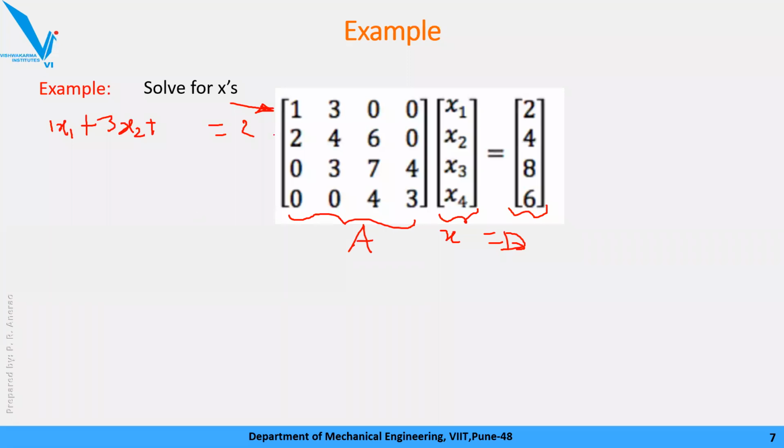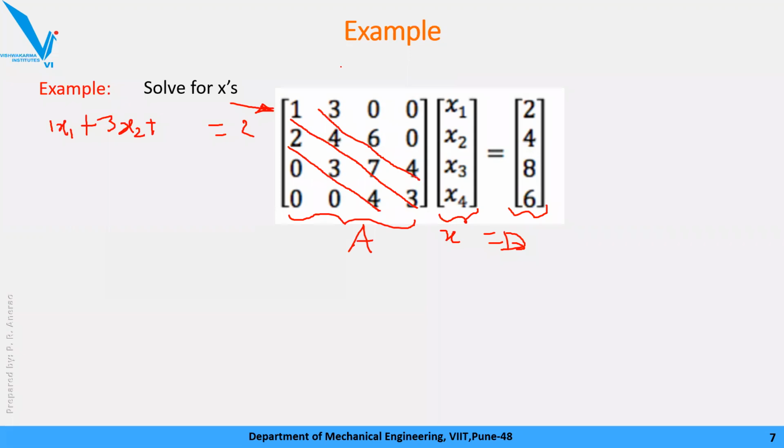Then observe, do we have a coefficient matrix with elements only in 3 diagonals? See, this is your main diagonal, this is the upper diagonal, and this is the lower diagonal.